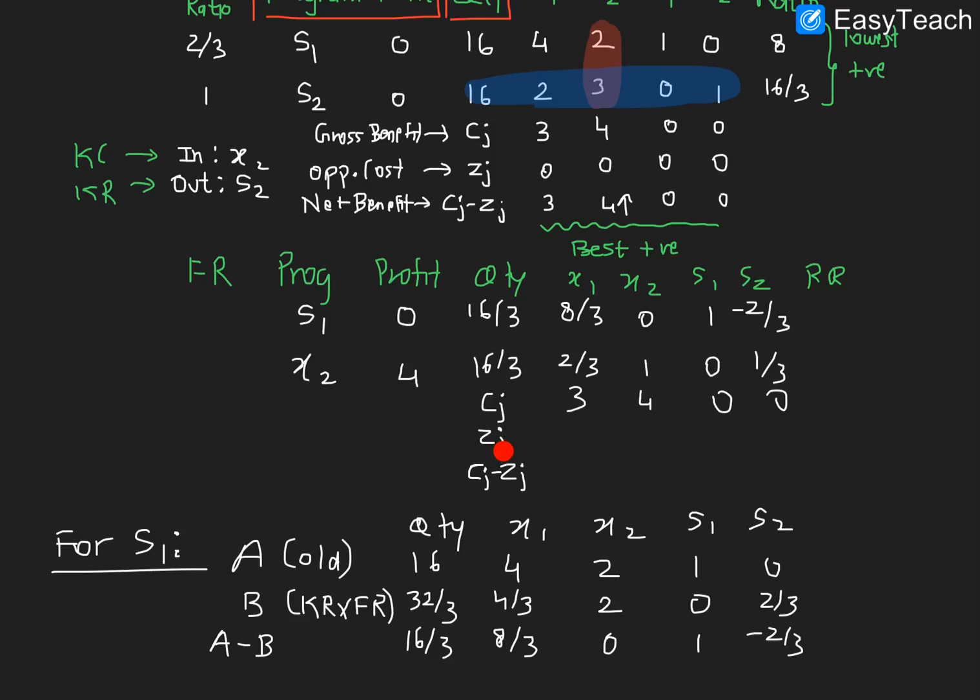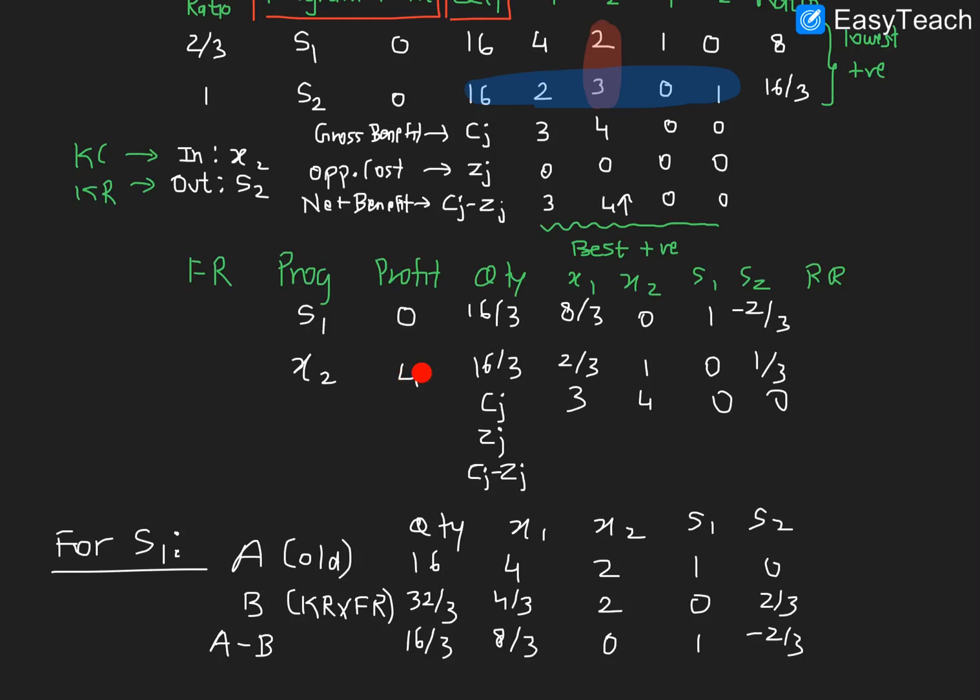But right now we don't have Zj as 0, because if you want to produce x1, I need to sacrifice x2. Why am I saying that? Because all the labor resource is fully utilized at this stage. So if I want any labor hours to be available for producing x1, I need to reduce some production of x2.